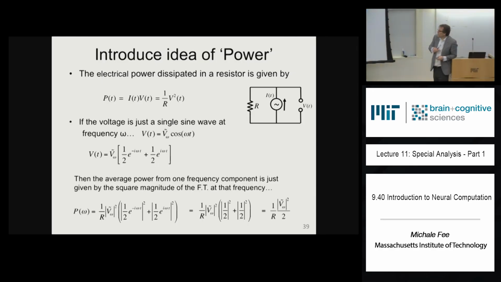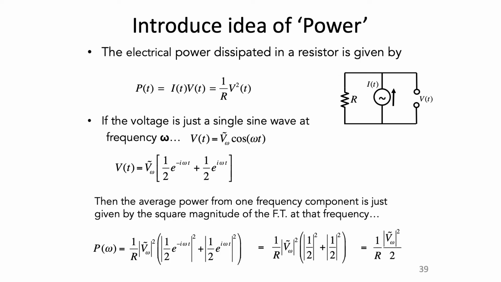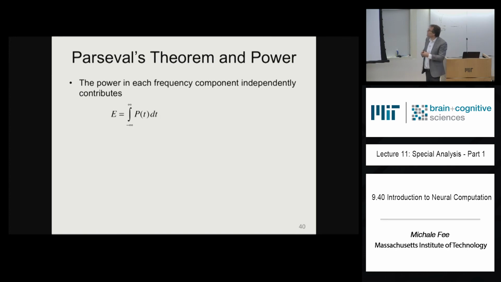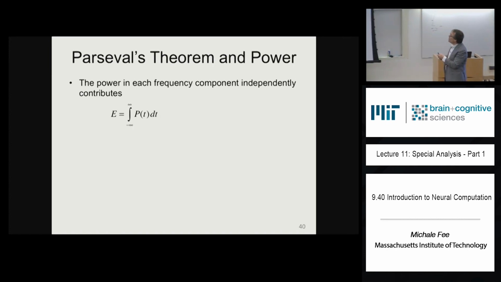Okay? So you can see that the power dissipated by this sinusoidal voltage is just that magnitude squared over 2. Okay? So we can calculate the power dissipated in any resistor simply by summing up the magnitude of all of those coefficients. Okay, so let's look at that in a little more detail.